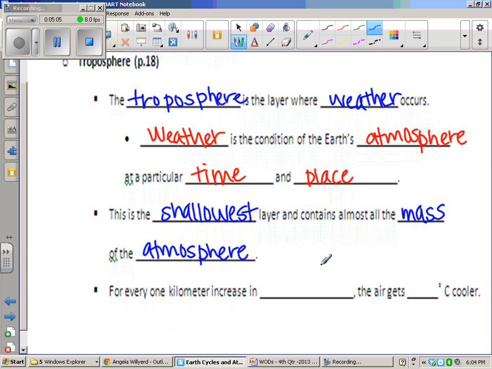And for every 1 kilometer increase in altitude, so every kilometer you go up in this layer, the air is getting 6.5 degrees Celsius colder for every kilometer you increase in altitude.